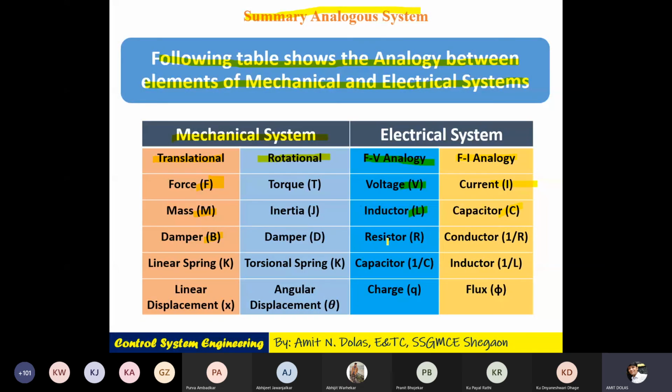Damper is analogous to resistance in F-V; in F-I it is the inverse, analogous to 1 by R. Spring K is analogous to 1 by C in F-V and 1 by L in F-I. And linear displacement x is analogous to charge in F-V and flux in F-I. Similarly, you may see the relationship between the rotational system and F-I/F-V.